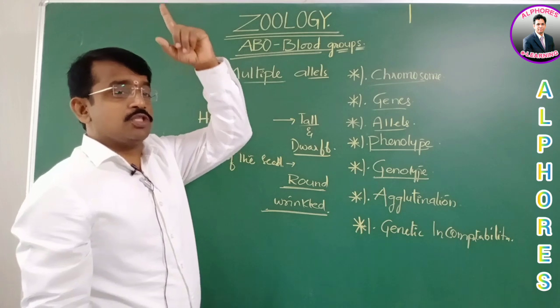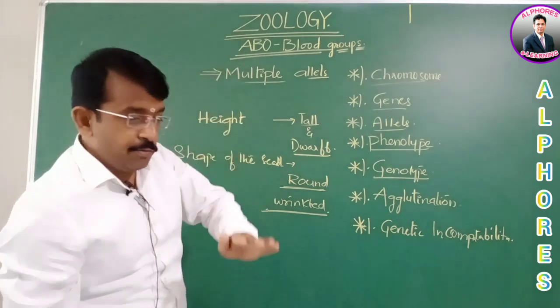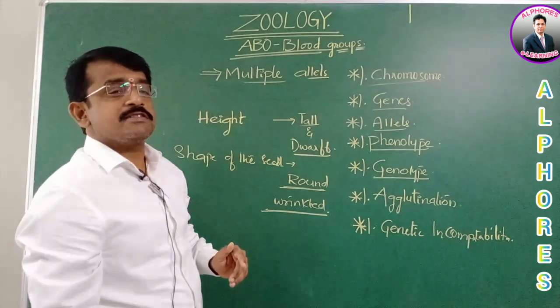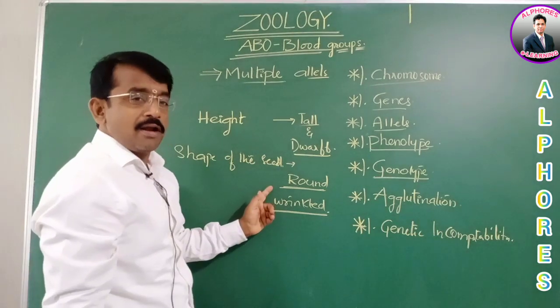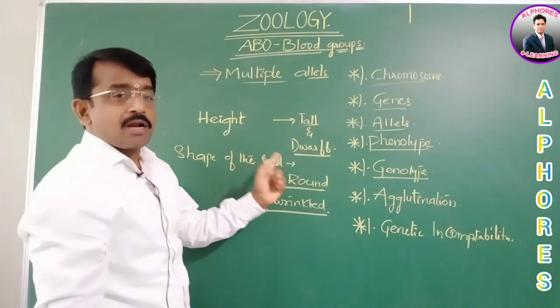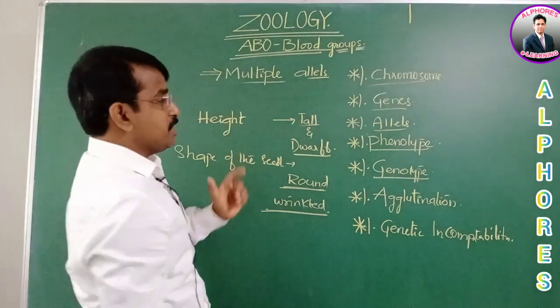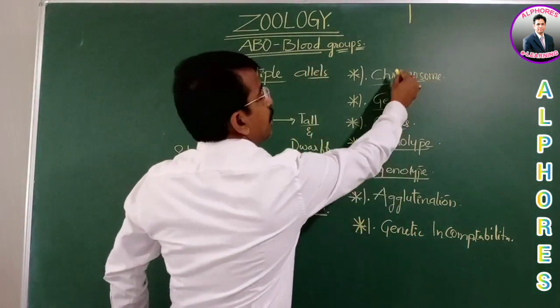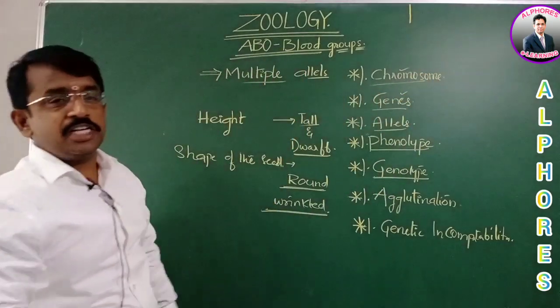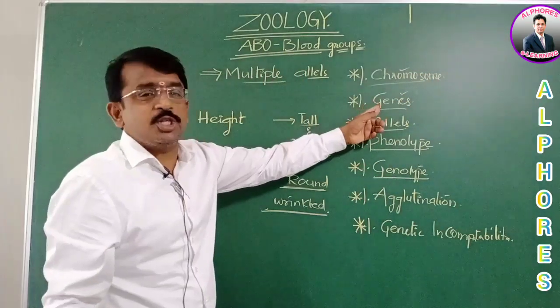In height, tall is the dominant trait, whereas dwarf is the recessive. In the same manner, the shape of the seed is round and wrinkled. Such characters are those for which the gene is responsible. The factor responsible for each and every character in our body is the genes.